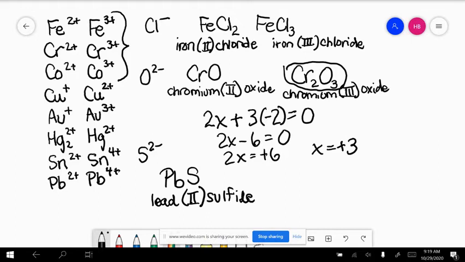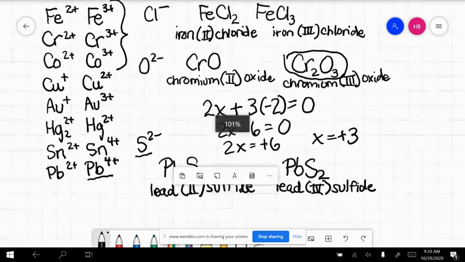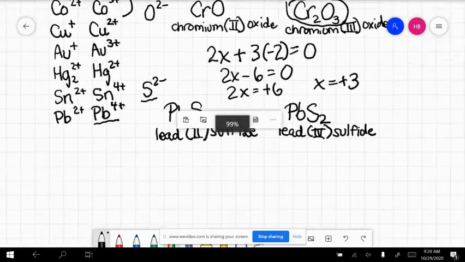If it's with lead +4, if I have 4 pluses in the front, I'd have to have 4 minuses in the back. That's going to make it so I need 2 -2 sulfides, and this would be lead 4 sulfide. So this is how we do variable charge metals.